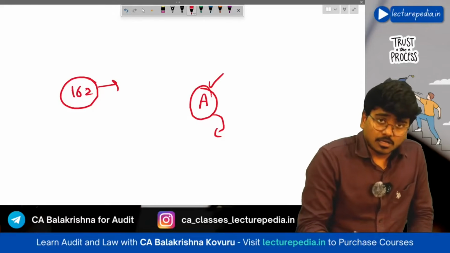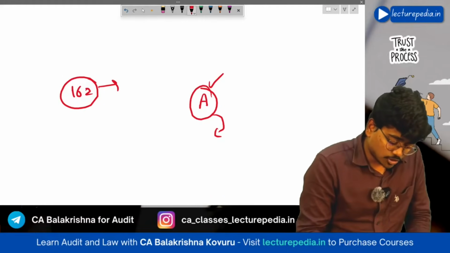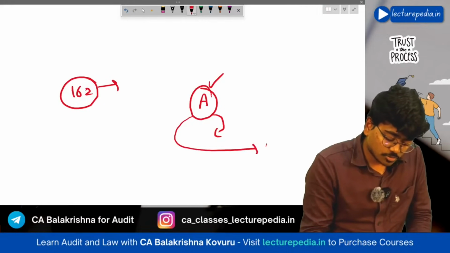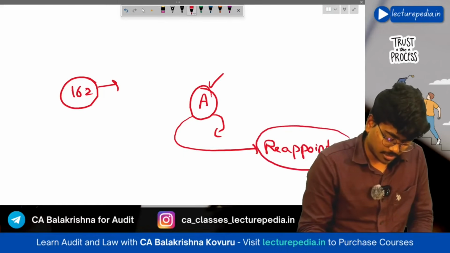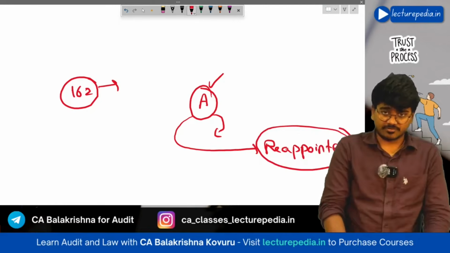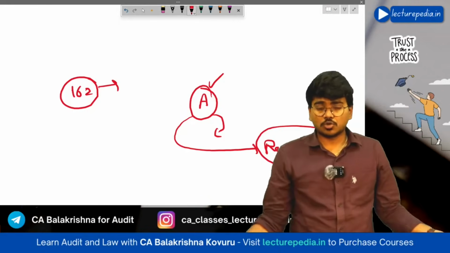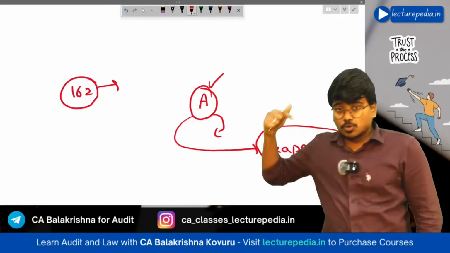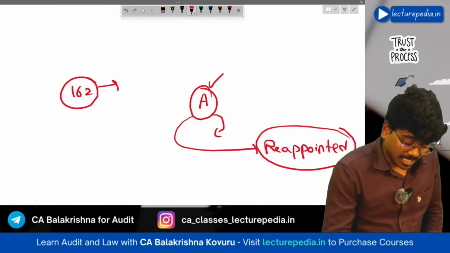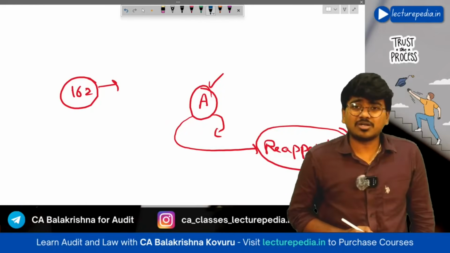So as per 152 subsection 7, Mr. A has to be reappointed, right? He will be deemed to be reappointed, because in the adjourned meeting also no decision has been taken.